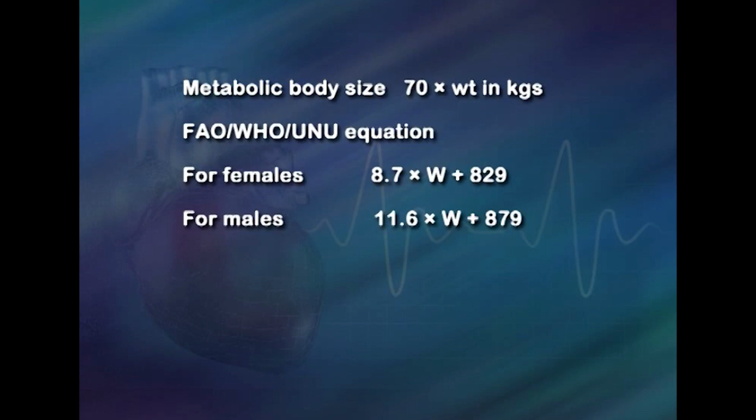The fourth method is the FAO WHO UNO equation, which for females is 8.7 into weight plus 829, and for males it is 11.6 into weight plus 879. BMR for Indians can be predicted by using the table.